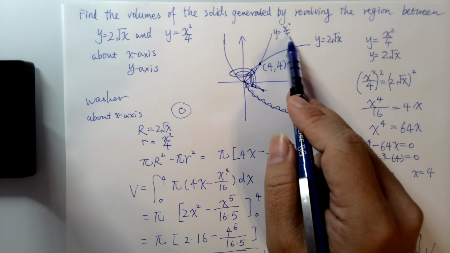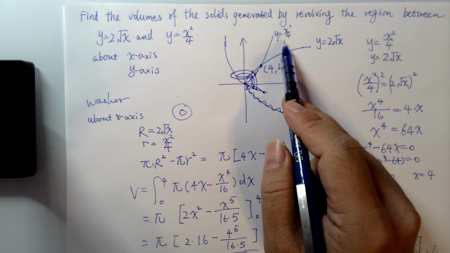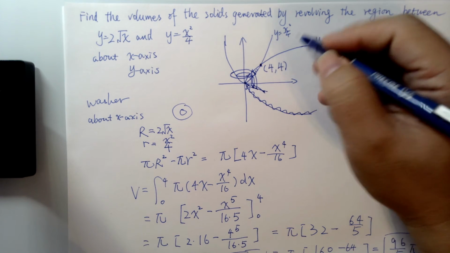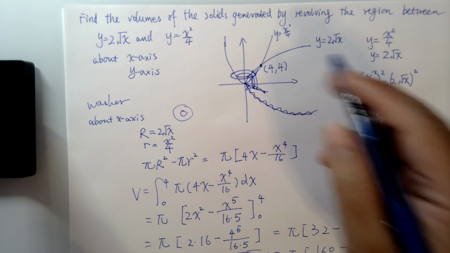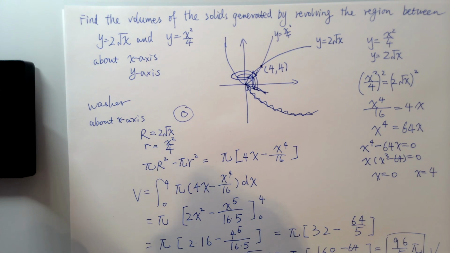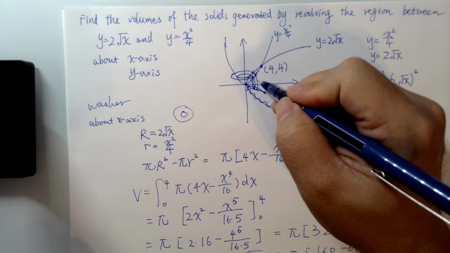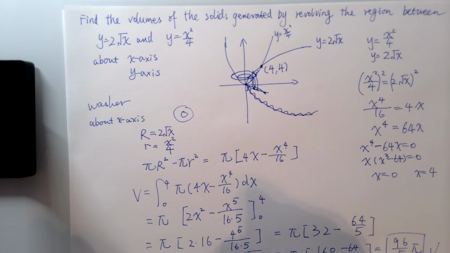So actually we need to solve x in terms of y. Y equals x squared over 4. If we solve x in terms of y, that's going to give us 4y equals x squared. X equals, we only take the positive part, so it's going to become just square root of 4y.